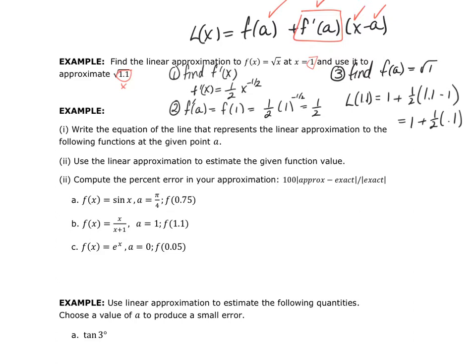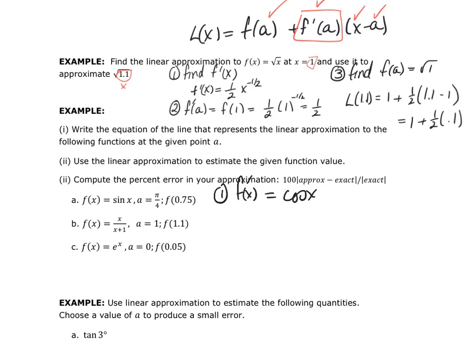Now, following what we did before, we take first our function and we're going to find f prime of x. That's the first thing we do. Or the first thing we can do is put in our given a value, but I always like to find the derivative because they're exciting and new. So the derivative of sine is just cosine. Okay, so I found that derivative. And then I'm going to find f prime of the a value.